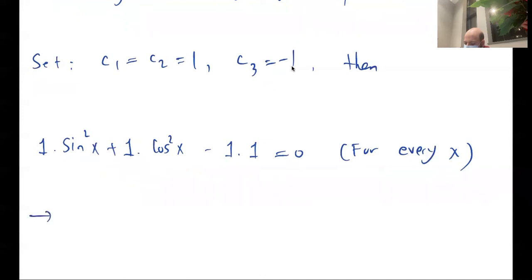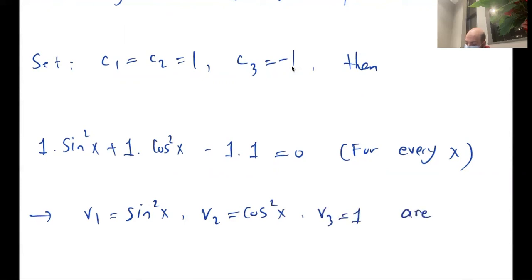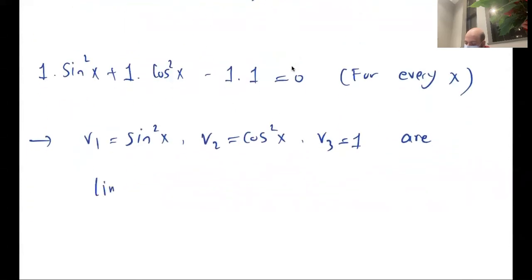So that means v1 equals sine squared x, v2 equals cos squared x, and v3 equals 1 are linearly dependent.